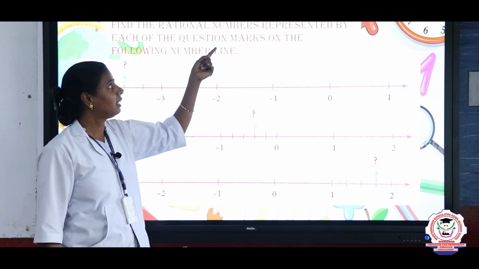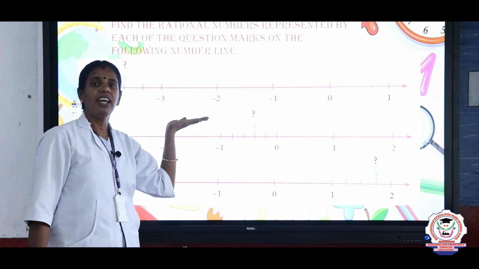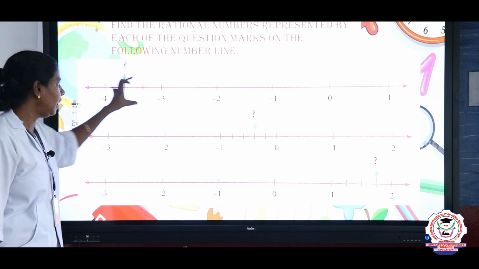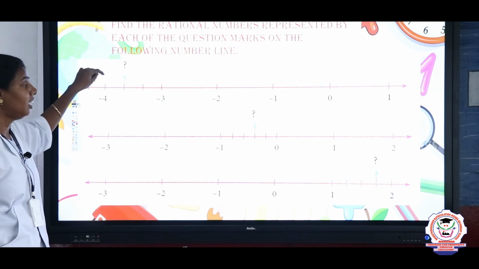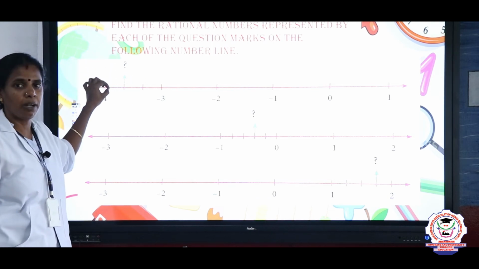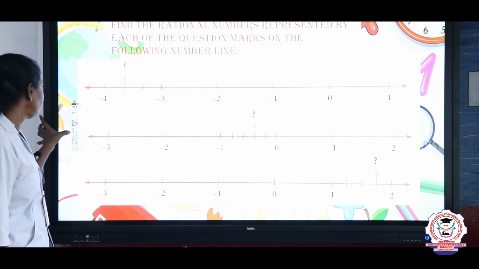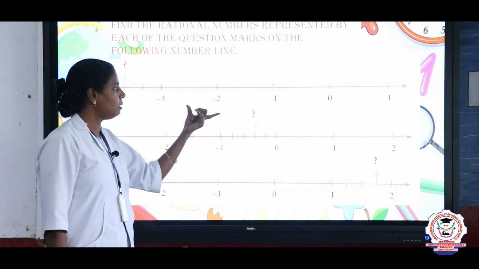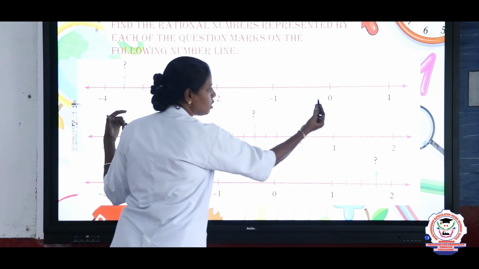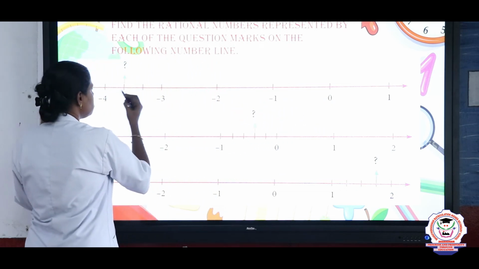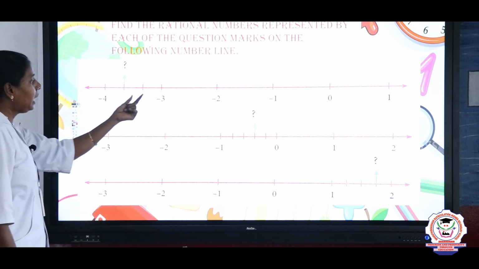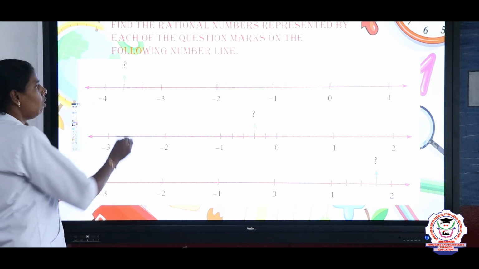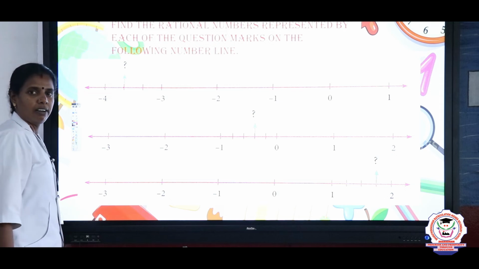how to find the rational number marked on a given number line. See, the number line is given and there is a question mark, and we want to find which number will be here, right? So how to find this? How did we do it in the previous problem? The same thing. See, on the left side of 0, minus 1, minus 2, minus 3 and minus 4 are given. The question mark is in between minus 3 and minus 4, right?